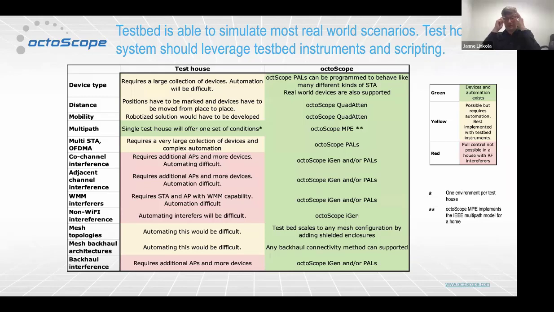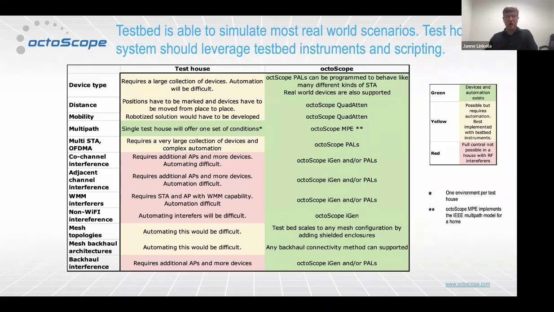So in this table, I'm trying to summarize our views of the testing methodology's ability to replicate these phenomena. The 12 dimensions of real worldness, if you will, from the previous slide are now horizontal rows in this table. And we have two columns, one representing the octoScope testbed, and the other representing a test house.